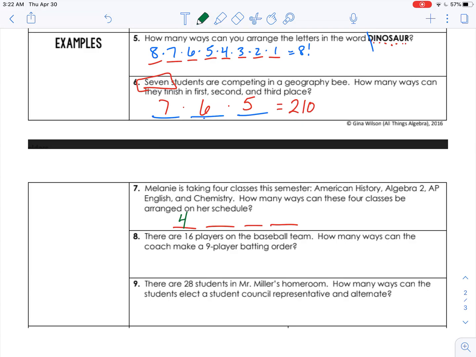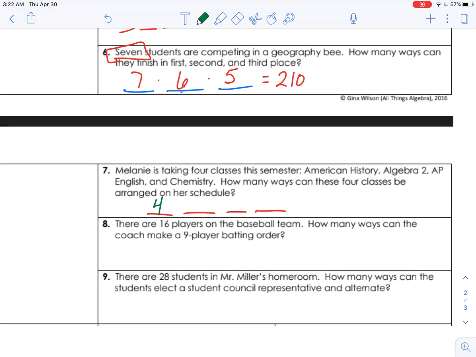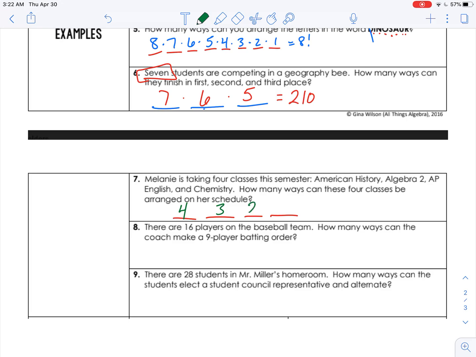Well, then how many classes can I choose from for second hour? Well, I had 4, but I can't use Algebra 2 in first and second hour. That doesn't make sense. So I've only got 3 classes to pick from now, and so on. I've got 2 classes for my last 2 periods of the day, and my last period, I only have 1 option for that.